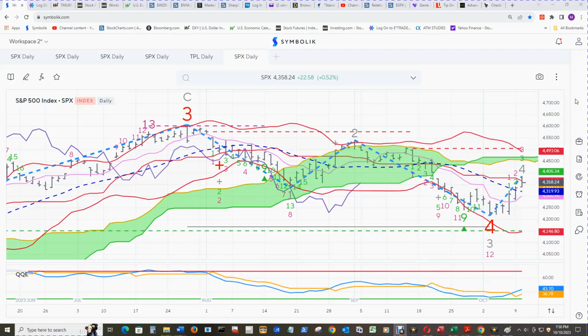And again, the D wave down wave 4 projection level is the 61.8 Fibonacci retracement at 44.06.11, so tick a little higher to the 44.06.11 and this D wave down 4 becomes validated.